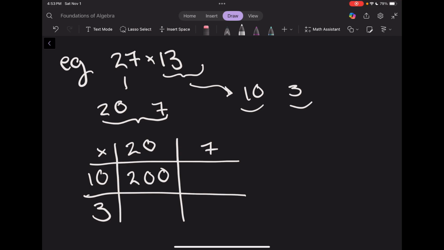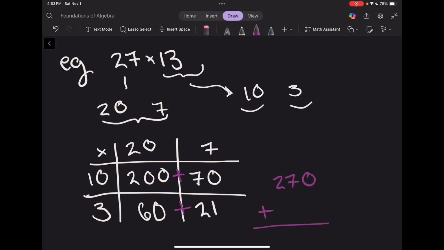And then we have 7 times 10, which is 70, and 20 times 3 is 60, and 7 times 3 is 21. And then what we do is we add all of these. So 270 plus 81, right?